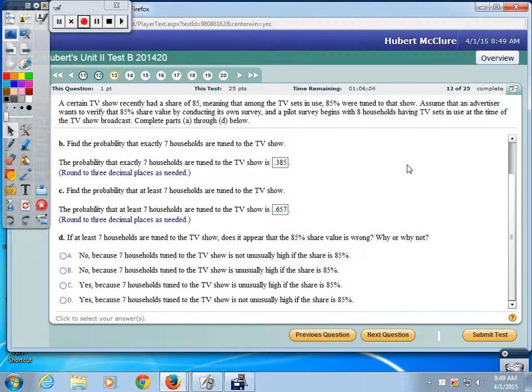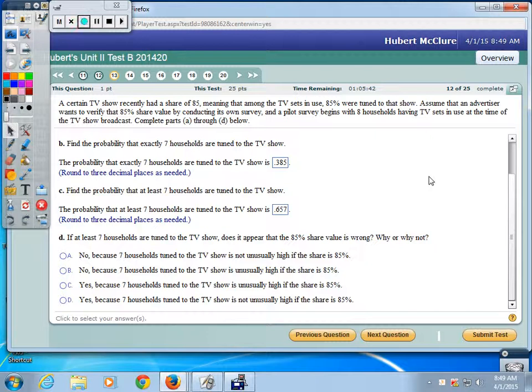It's either yes or no. I don't know what 85% share means. Does that mean our number needs to be above 85%, or below? I would say below 85%.